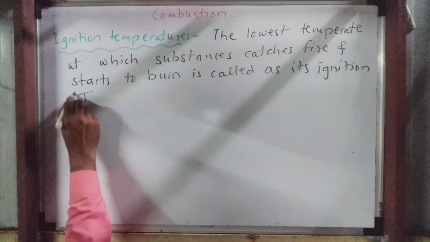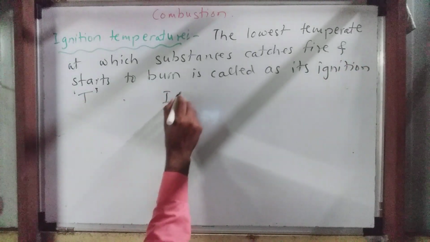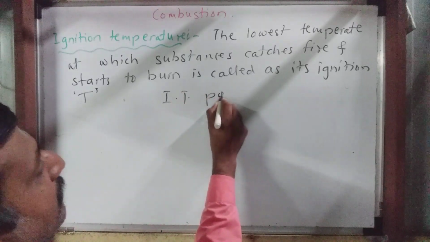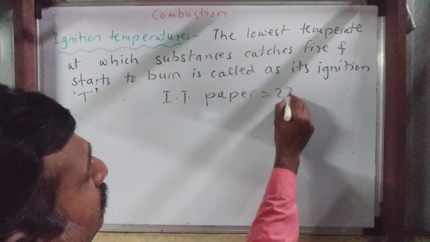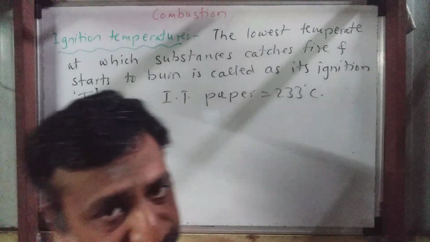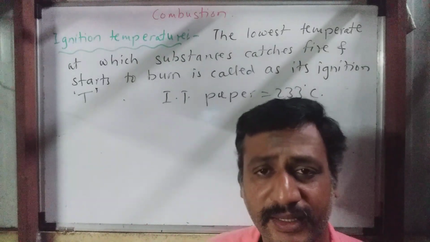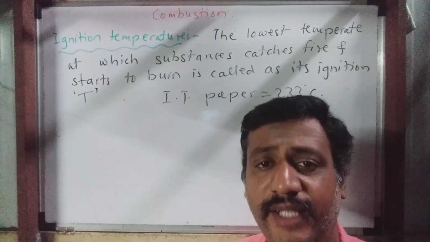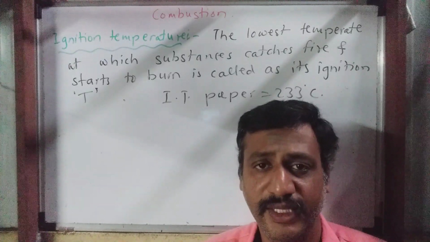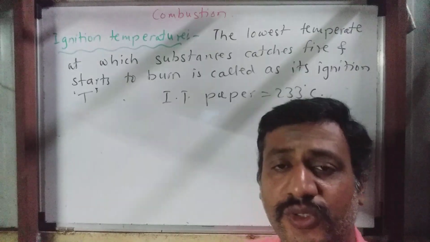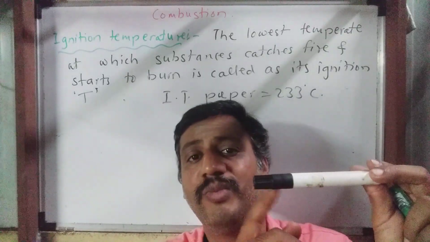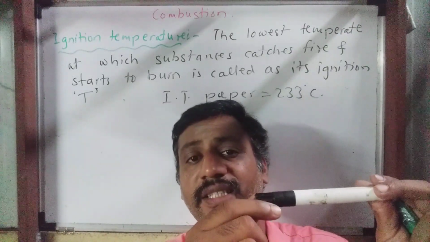For example, the ignition temperature of paper is 233 degrees Celsius. Of course, there are many different varieties of paper, but here the book gives an average value, or you may consider whatever ordinary paper we have. So if we want to bring about combustion, how much should the temperature at its surface be?